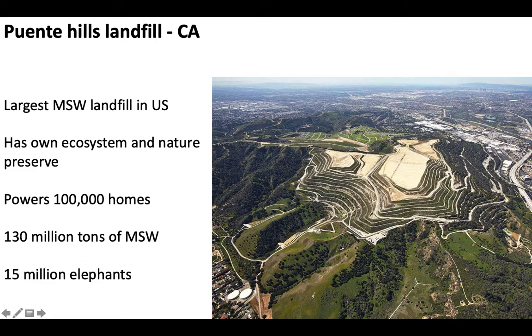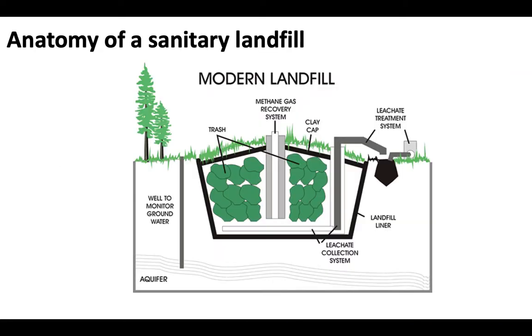That methane can be captured and burned for electricity, and that electricity from Puente Hills powers 100,000 homes, holding 130 million tons of municipal solid waste, which is about the weight of 15 million elephants. That's a lot. And in fact, some of the only man-made structures visible from space are landfills. Not the Great Wall of China, but landfills. That's kind of a depressing thought.